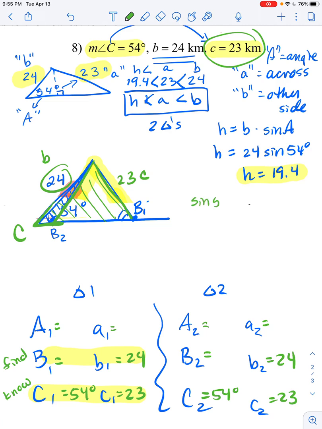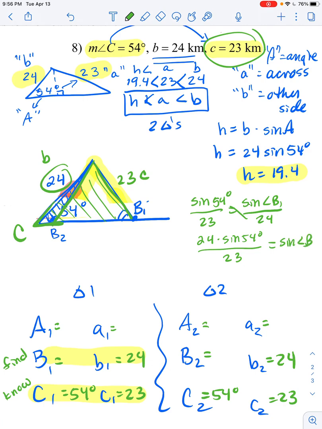Sine of 54 over the side it goes with equals sine of angle B1, the first option, over its side. And now I'm going to cross multiply. So I'll have 24 times sine 54, and then I'll end up dividing by 23. That's going to be the sine of angle B.